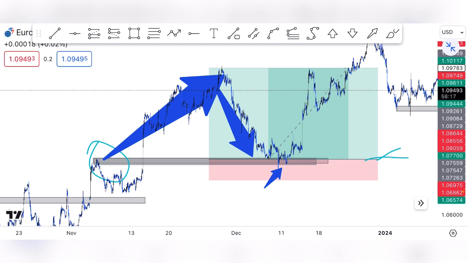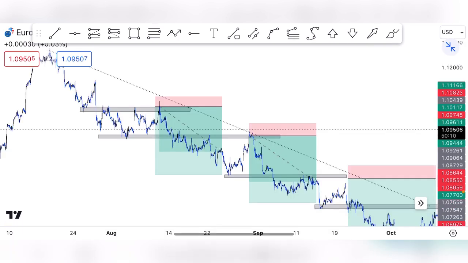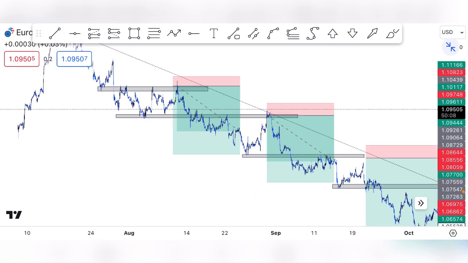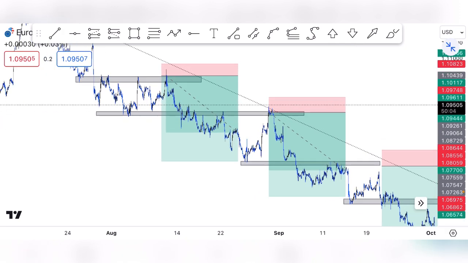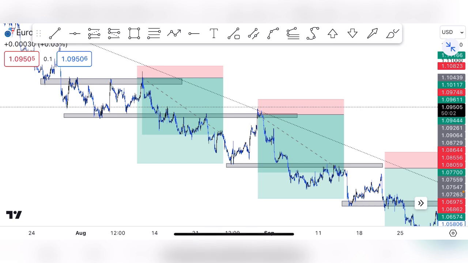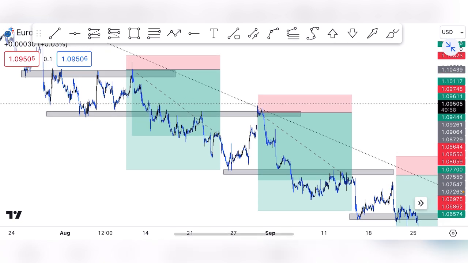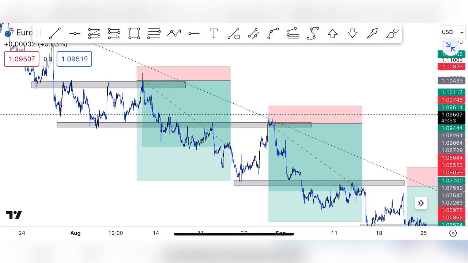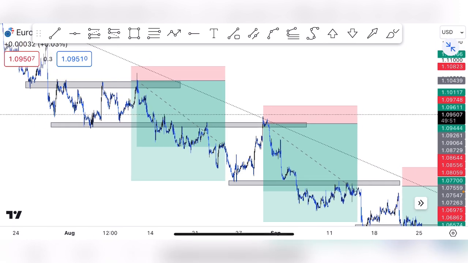So let's see an example again in the bearish markets and see how it works too. All right, guys. So as I was saying, these are also examples in the bearish markets, how the breaks and retest work, how I trade them personally, the confirmations.